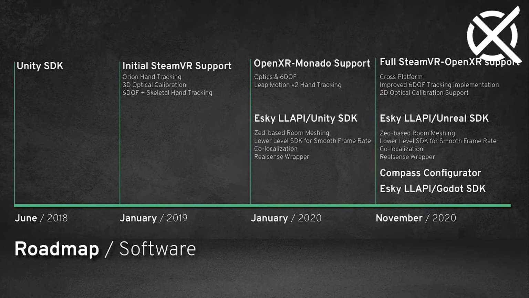So with that, we've also been, as I mentioned before, working with Esky for the lower level API, which is all the under-the-hood stuff, and then an upper level Unity SDK. We're currently working on an Unreal SDK specifically for that, as well as a configurator to help you get started with your headset calibration and any other modifications you'd make to your headset.